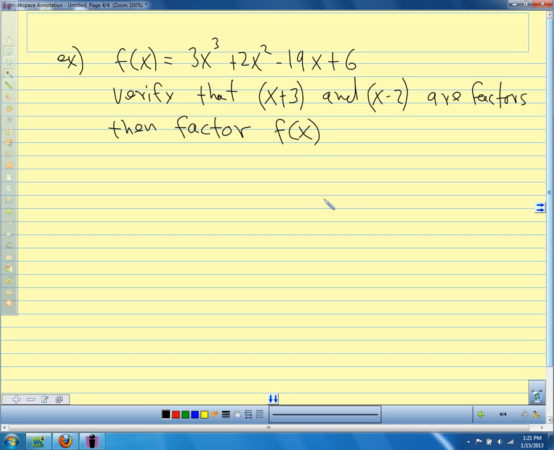And by factor we mean we want to write f of x equals something in parentheses times something in parentheses times something in parentheses. So when we say factor, we're going to write these three parentheses.